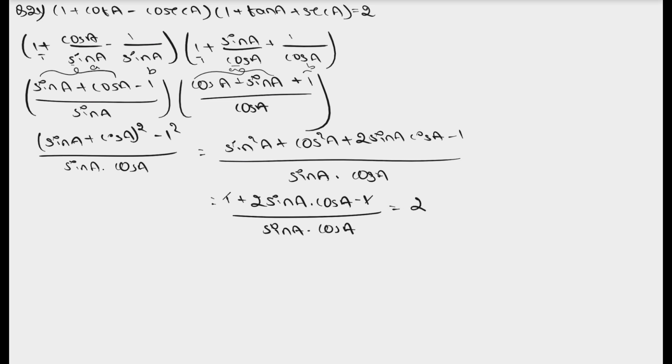The remaining values are 2 sin A cos A by sin A into cos A. So this values we can cancel it. Then our remaining value will be equals to 2. This is our required RHS.